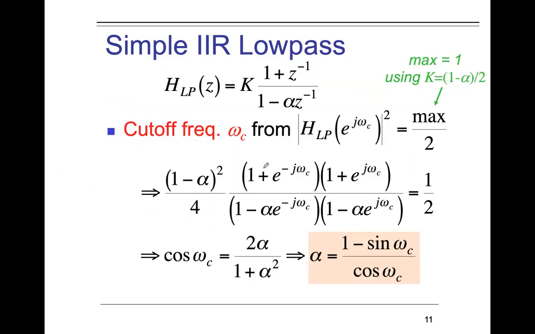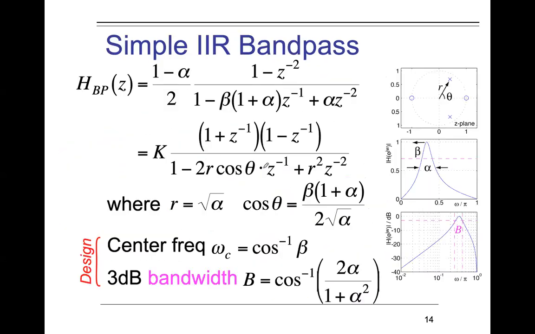Let me show you one thing. For example, this is a second order band pass filter. You see, this is z to the power minus 1, z to the power minus 2. So this order will affect my filter.